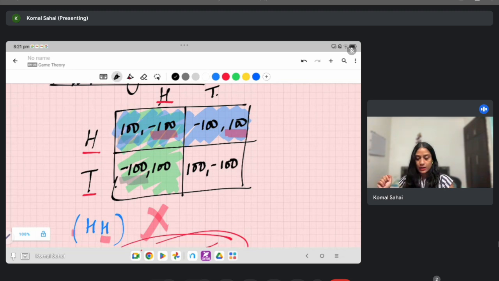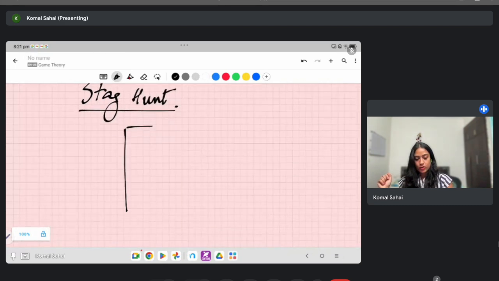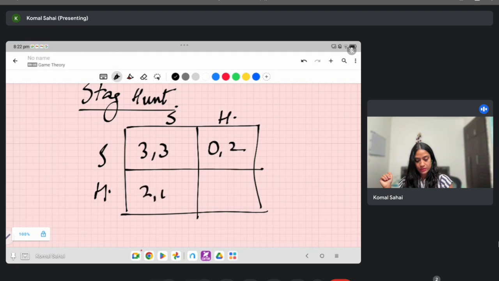Okay, let's also do stag hunt. In our stag hunt game, the only difference with prisoner's dilemma was that the deviation was less beneficial than coordination. Right, so this is what we had: 3 comma 3, 0 comma 2, 2 comma 0, 1 comma 1.